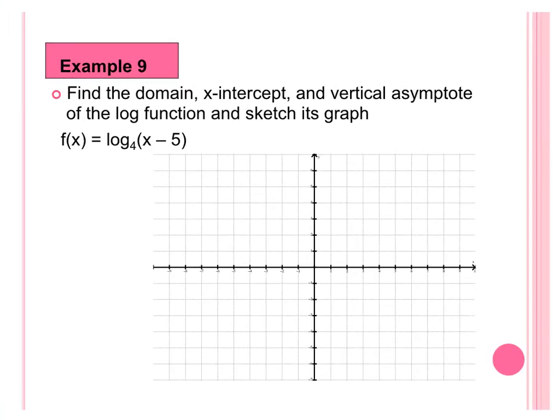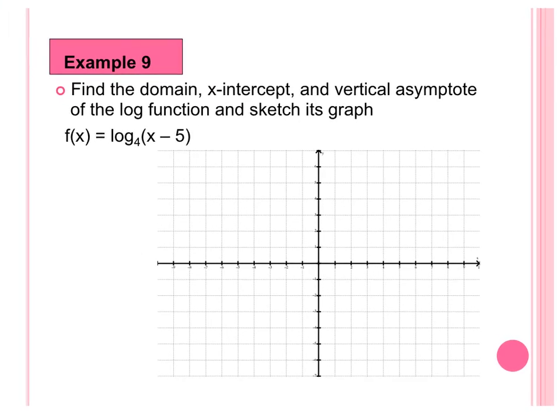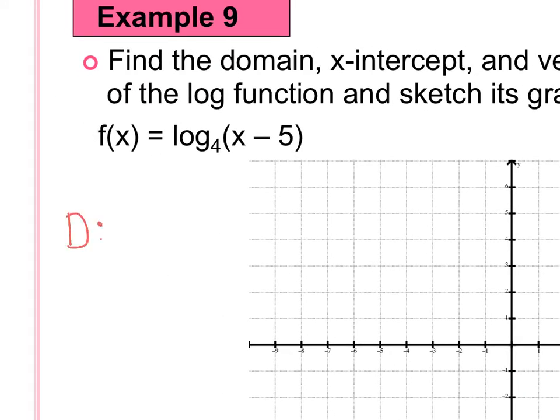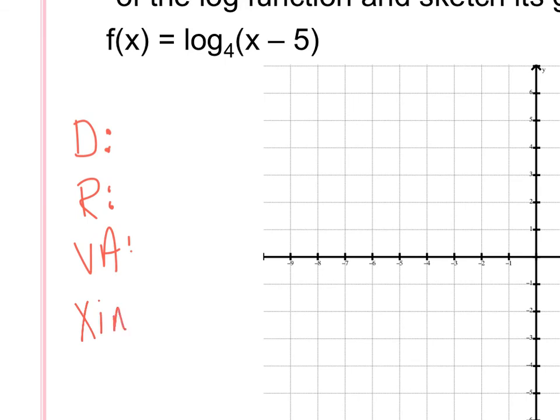All right, let's look at this one. You guys are going to have questions on your quiz that ask you all of these questions. They say for the logarithmic or natural log, we'll talk about that in a second, it's the exact same thing. Find the domain, the range, the vertical asymptote, and the x-intercept.